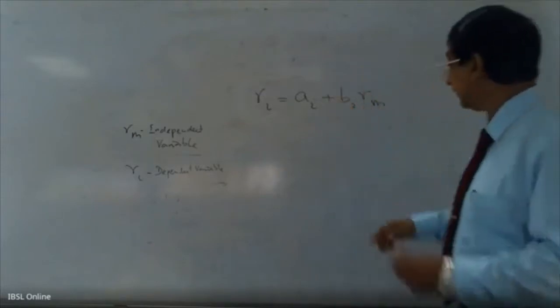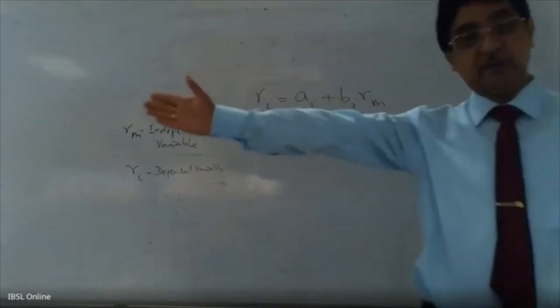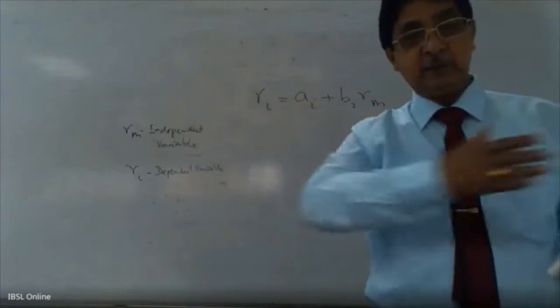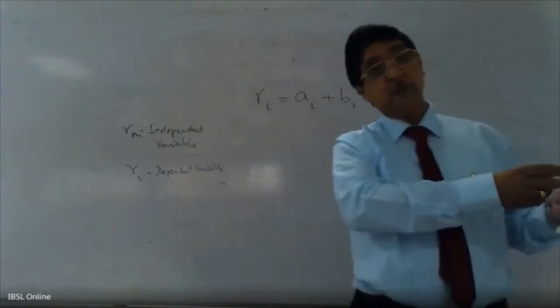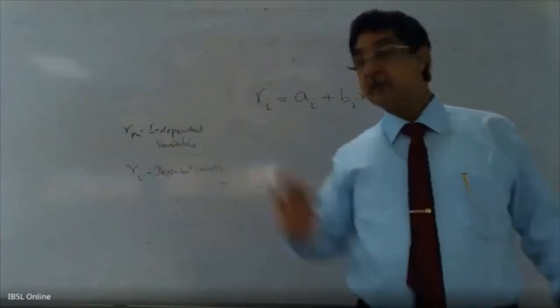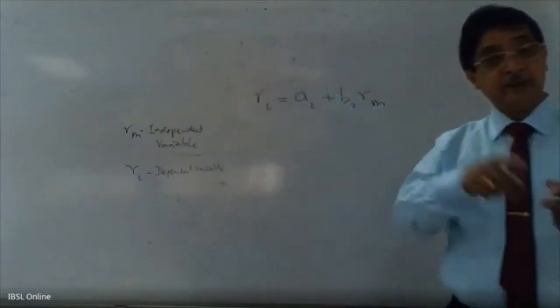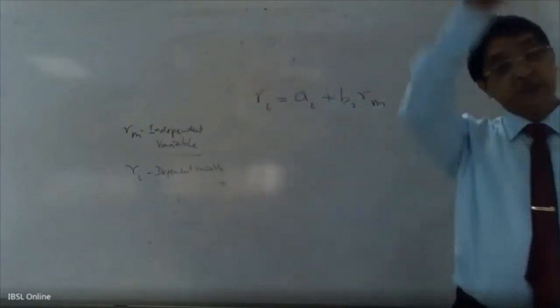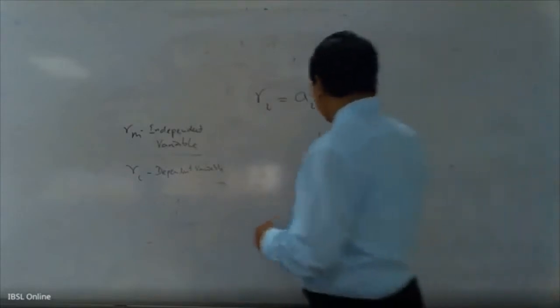This Rm can be taken as x, the x variable, along the x-axis or horizontal axis. Ri is taken as y, through the vertical axis.